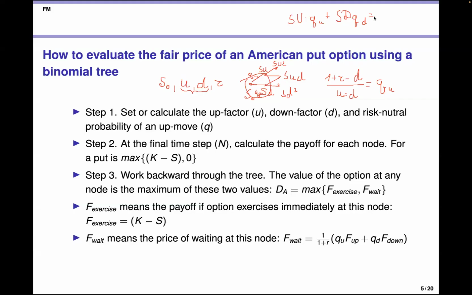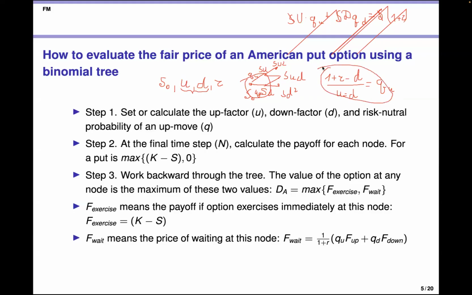The mathematical expectation equals, like if we put our money in the bank account, S multiplied by 1 plus R. And if we cross out S, it should be UQU plus DQD equals 1 plus R. And if we take into account that QD equals 1 minus QU, we can get this formula.